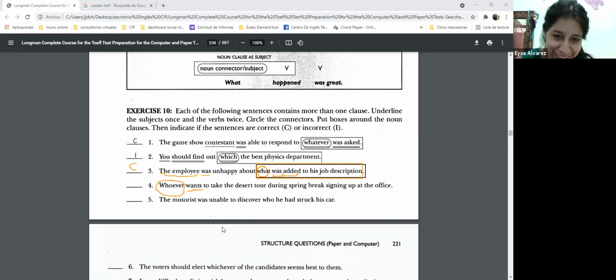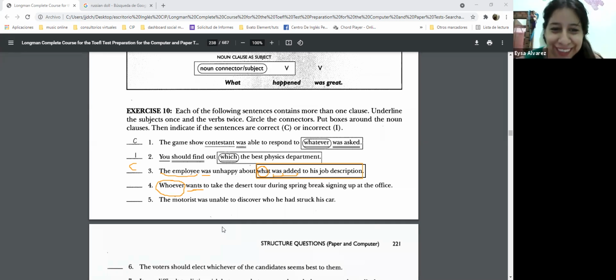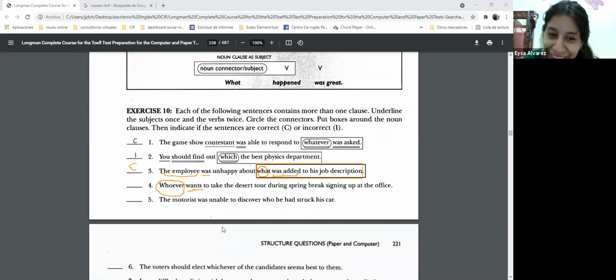Let's see if there's wants to take the desert during trip. I think it's incorrect, because if we start with a noun clause connector subject, we need double actions. I only have one action, and I need another action in the second clause. That's right. Where? I don't know. Whoever wants to take the desert.